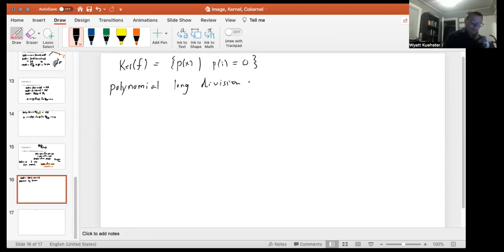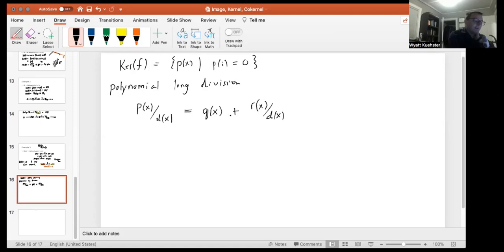So remember, if I'm trying to divide a polynomial p of x by another polynomial d of x, I can try to do this by long division. If there's no remainder, I get just some polynomial. But maybe d of x doesn't evenly divide p of x, in which case I get a remainder term, like r of x divided by d of x, some fractional part.